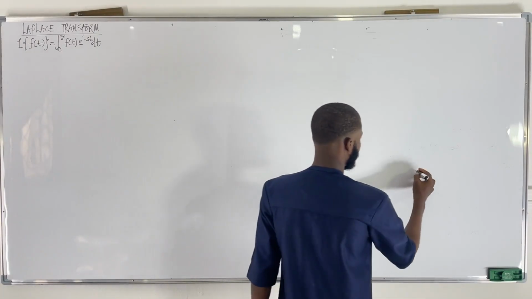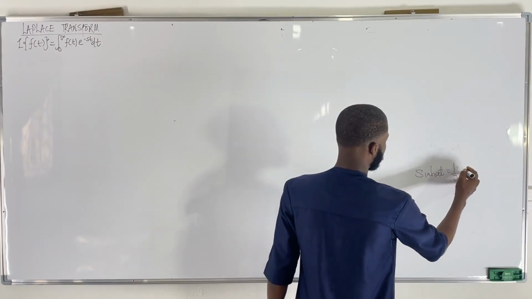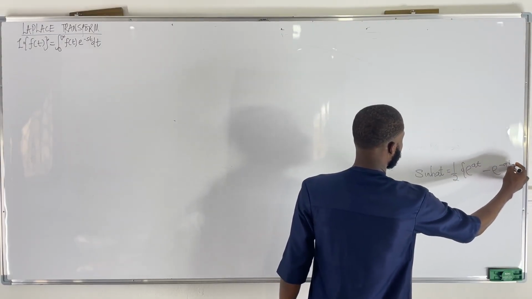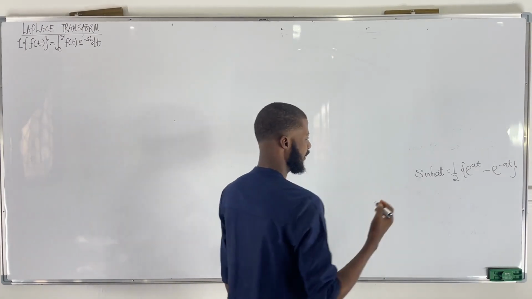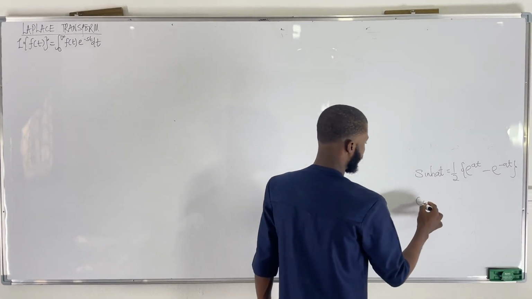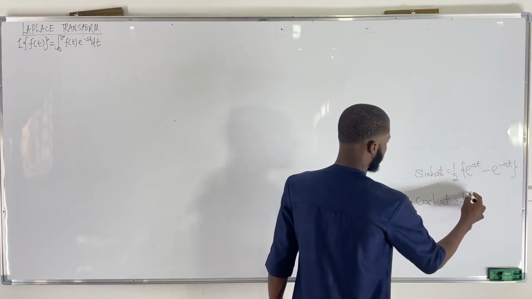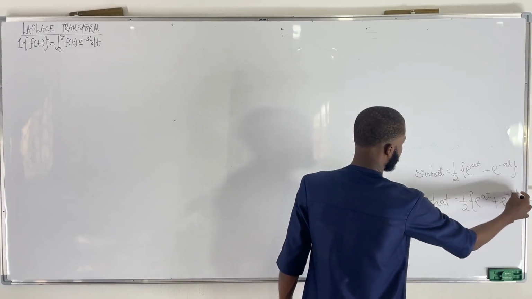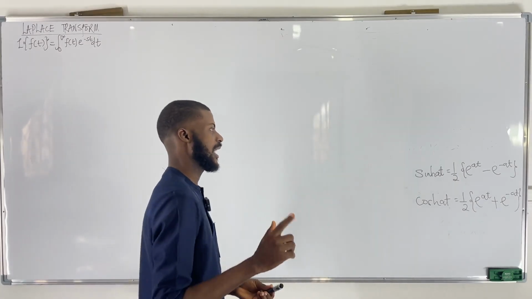So sinh at is half of e to the at minus e to the minus at. That is what sinh gives us for the hyperbolic functions. And then cosh at is half of e to the at plus e to the minus at. So you see that they're kind of similar.